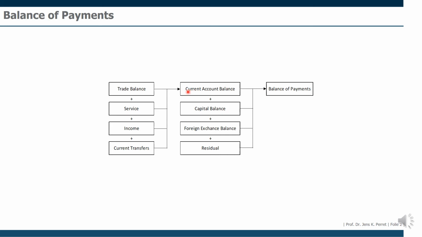Net exports, income position. Then we have the capital balance. Well, the name already says it. That's on capital, on transfer of capital. And this can be split up into two parts. Portfolio investments are like short-term transfer of money. You buy stocks of Sony.